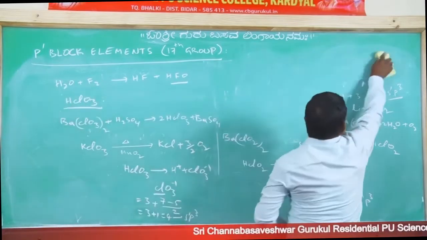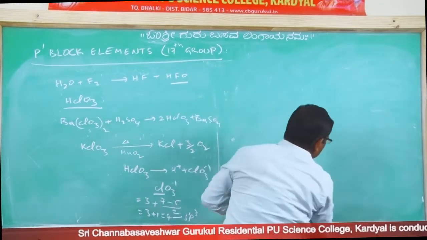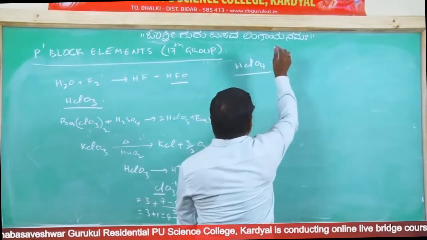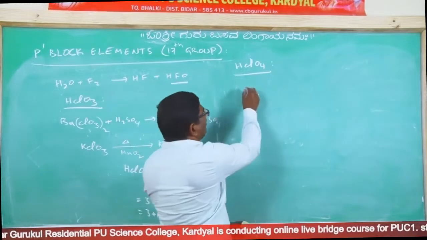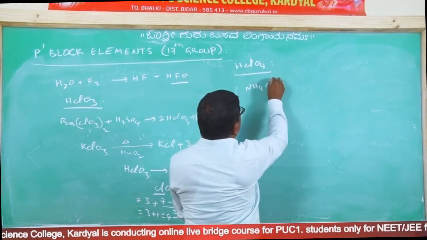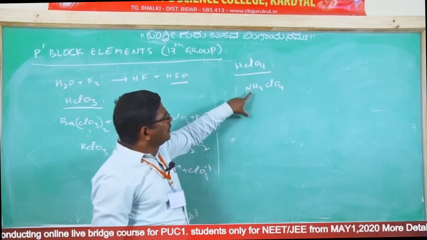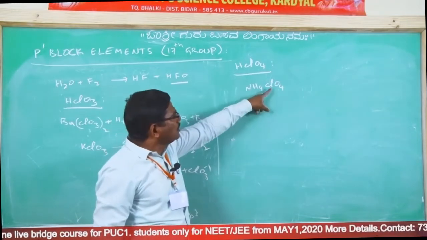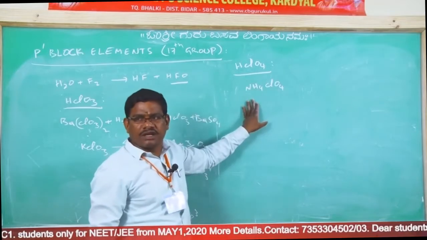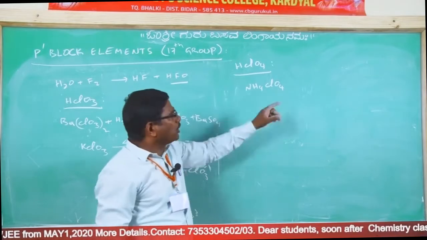And finally, perchloric acid. Perchloric acid is HClO4. How is this perchloric acid prepared? When ammonium perchlorate, NH4ClO4. That is the ammonium perchlorate formula: NH4 plus is univalent, perchlorate is minus 1. Plus 1 and minus 1. Therefore 1 cation is enough to form ammonium perchlorate with the perchlorate anion.